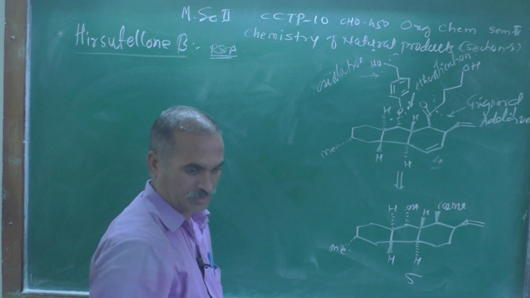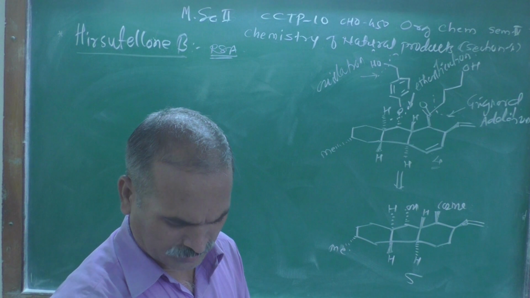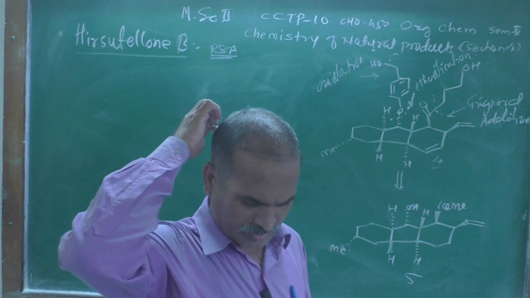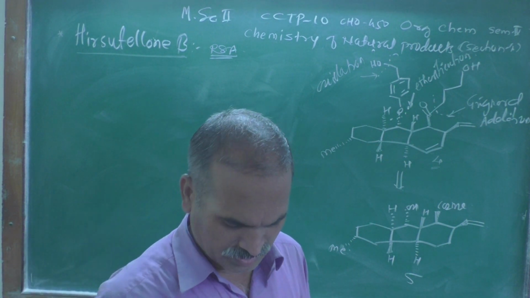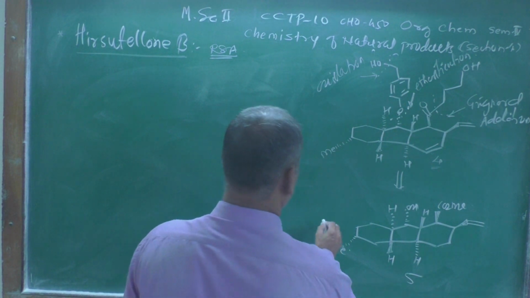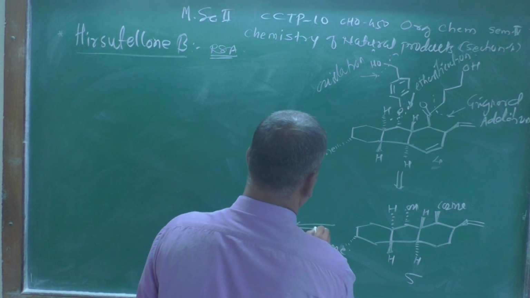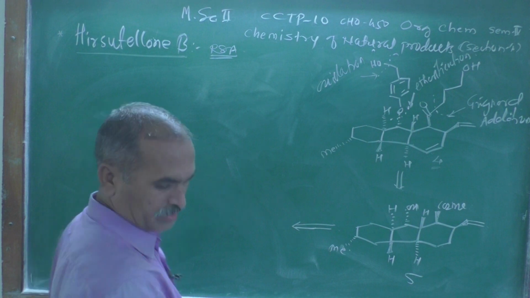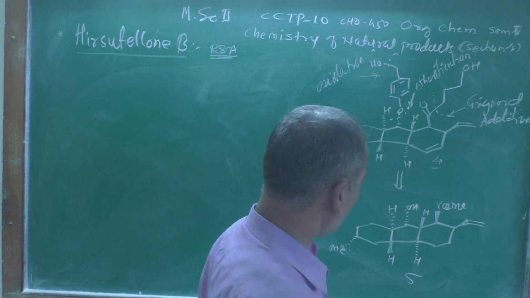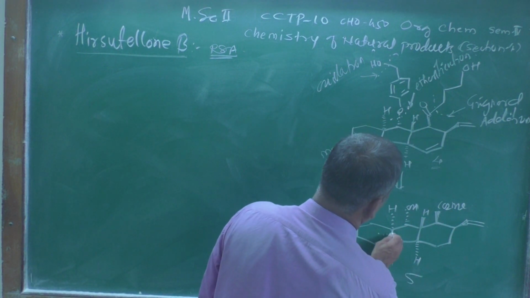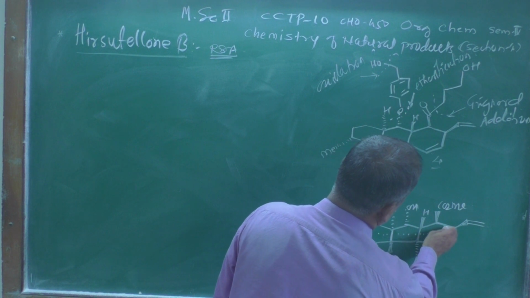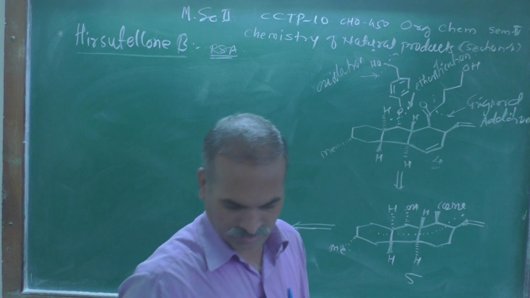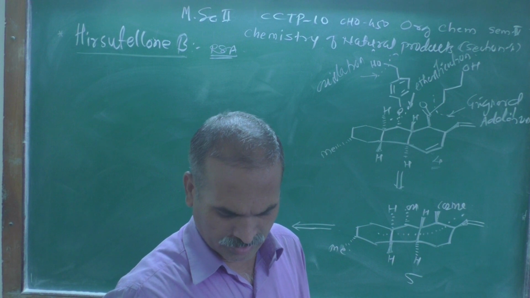After the 5, we are going to get structure number 6 after doing retrosynthesis over here. So we are going to break the bond from here like this.